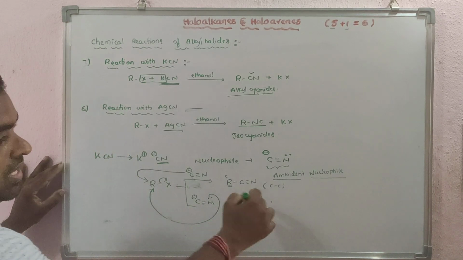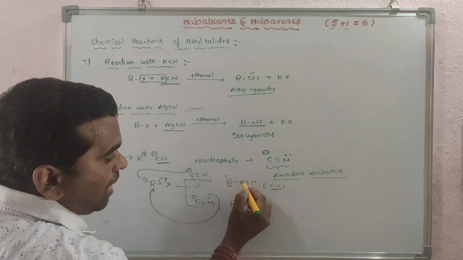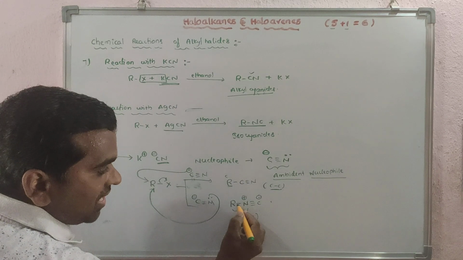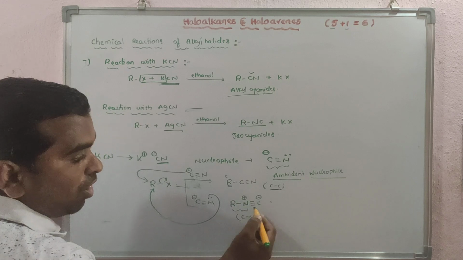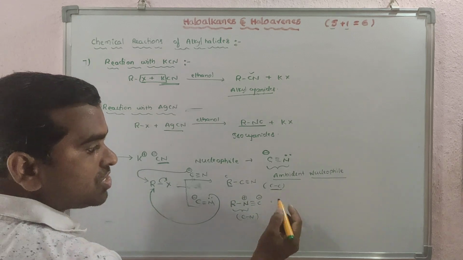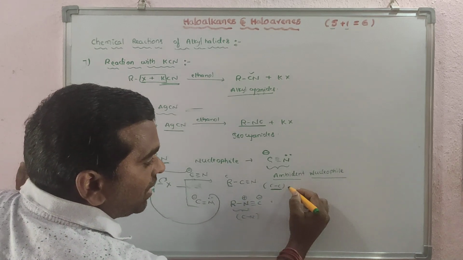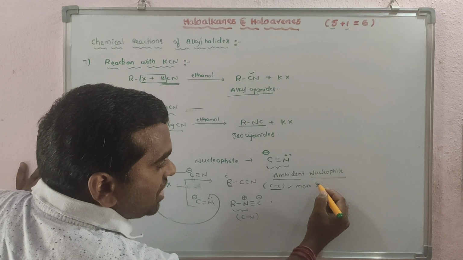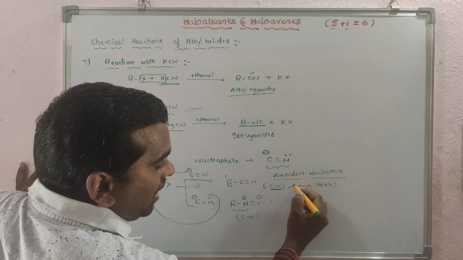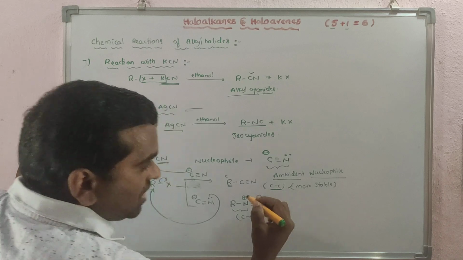Why? Because in one case, carbon-carbon bond formation takes place, and in the other, carbon-nitrogen bond formation takes place. Which bond is more stable? The carbon-carbon bond is more stable compared to the carbon-nitrogen bond.